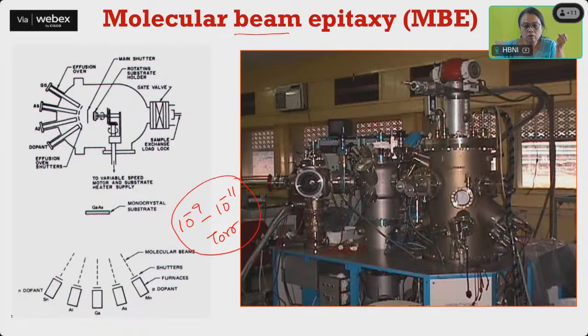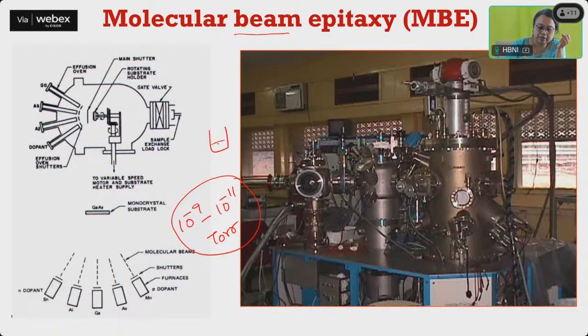If the pressure is so low, the vacuum is so high. So the mean free path of your atoms, of whatever is evaporating, will be in kilometers.